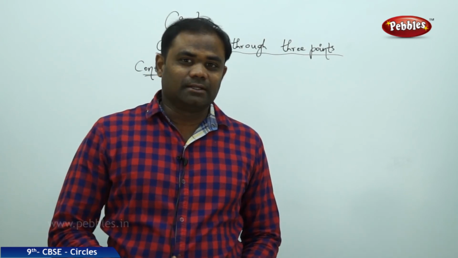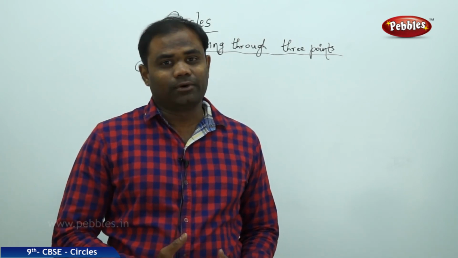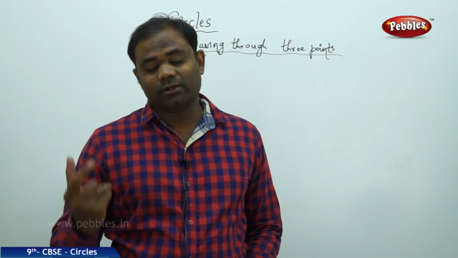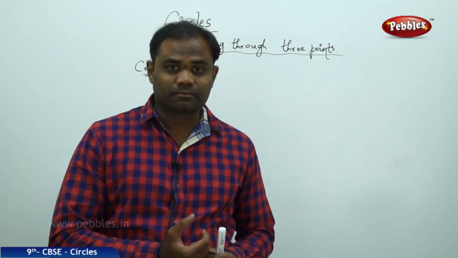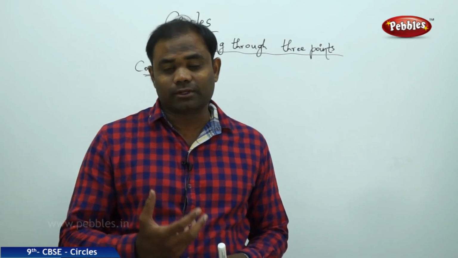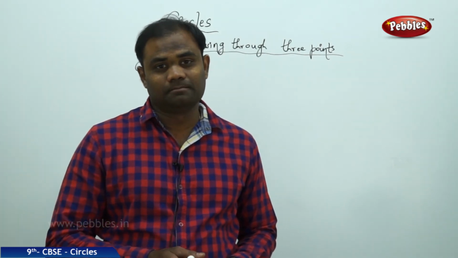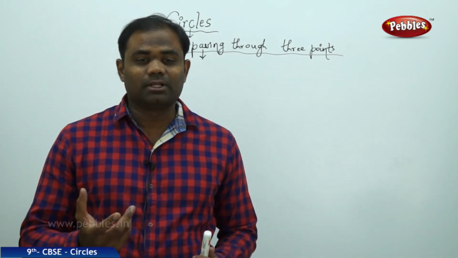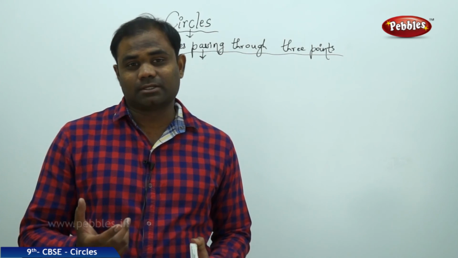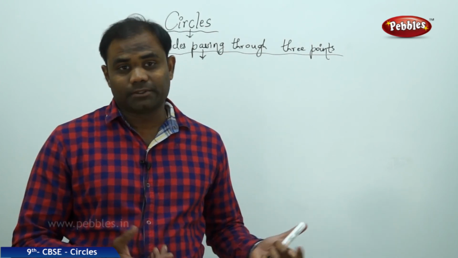Now that we have seen the property connecting 3 points, that there is one and only one circle which can pass through 3 non-collinear points, the question is, what if the points are collinear? So today's investigation is about finding the possible number of circles which can pass through 3 collinear points.